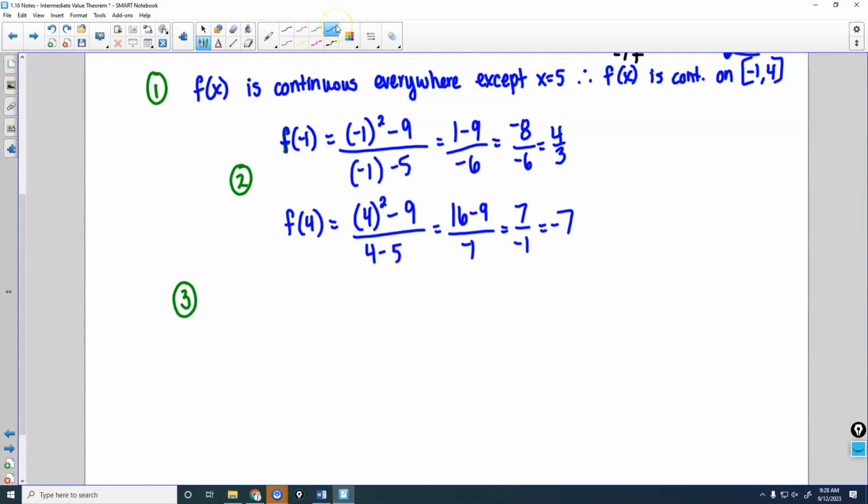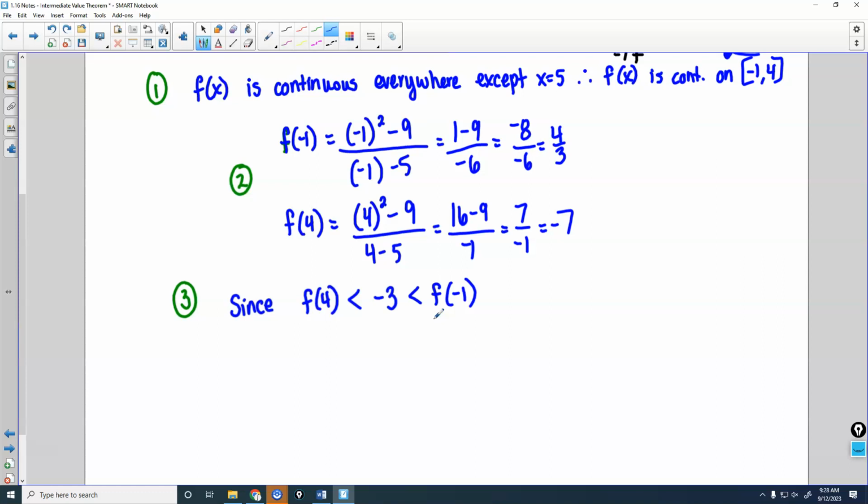So when you write this, make sure you say since f of 4 is less than -3, which is the target value, that's what goes in the middle, less than f of -1. As long as you have everything labeled well, you can do that.